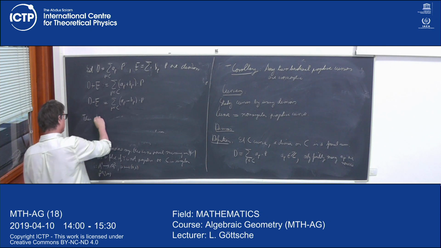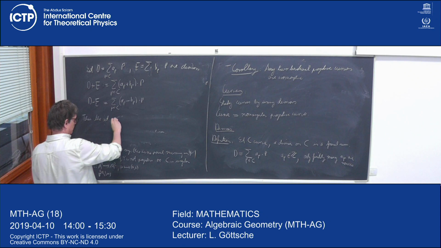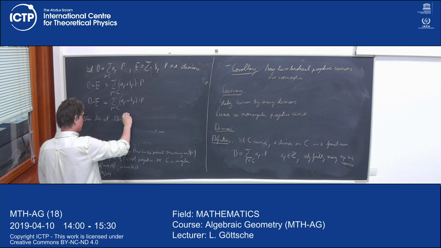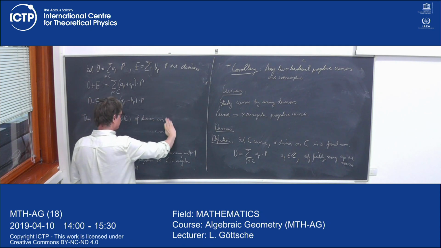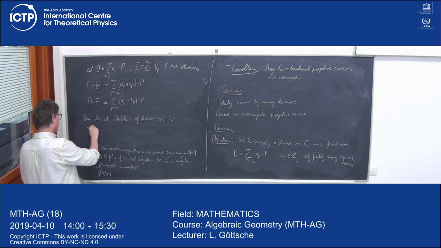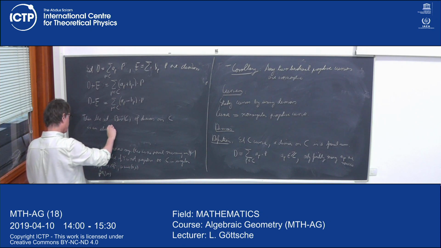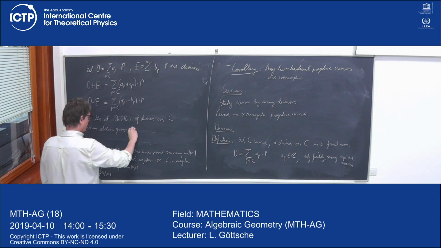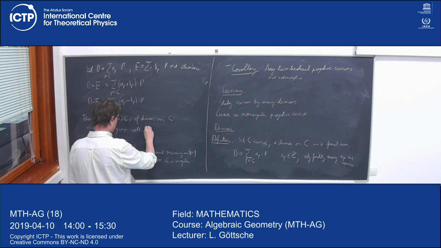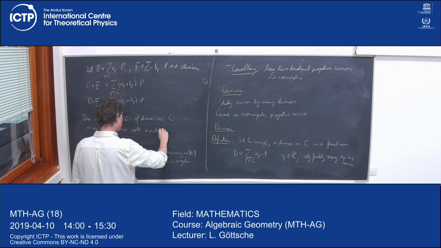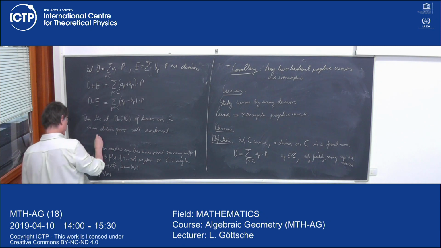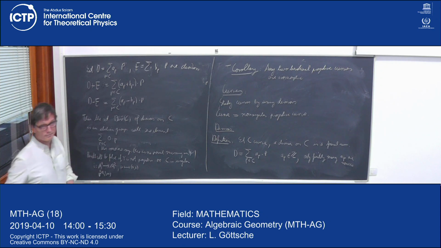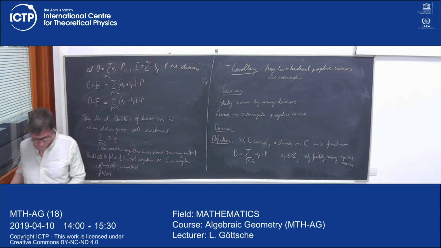the set, which I call Div C, of divisors on C is an abelian group, whose zero element is just the zero divisor, where everything is zero: the sum over all P in C of 0 times P. That's not very surprising.